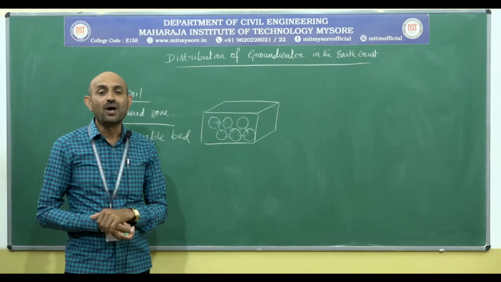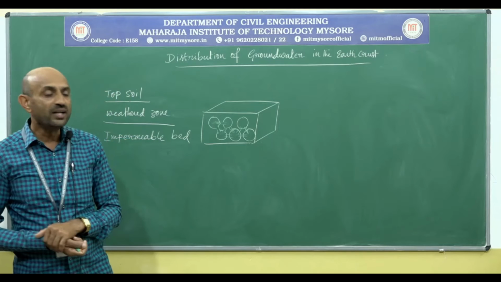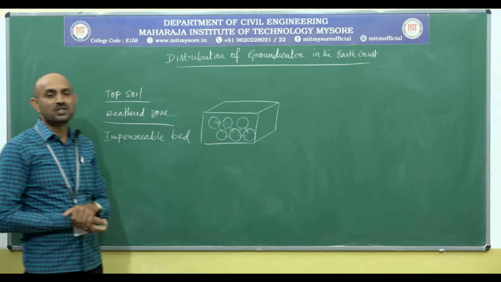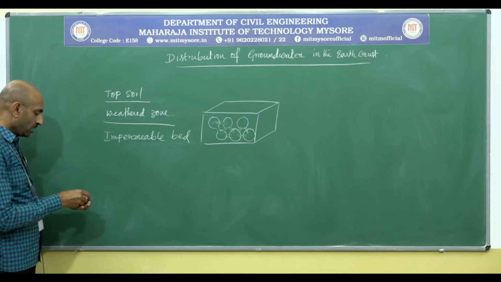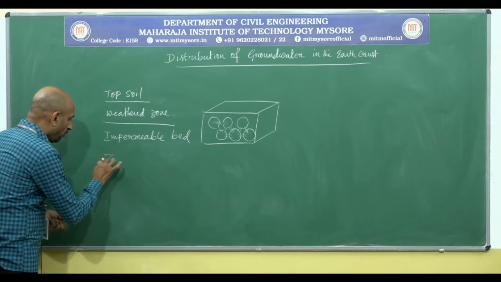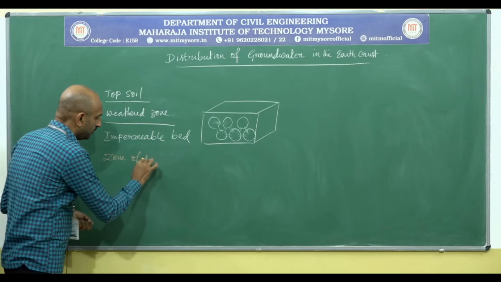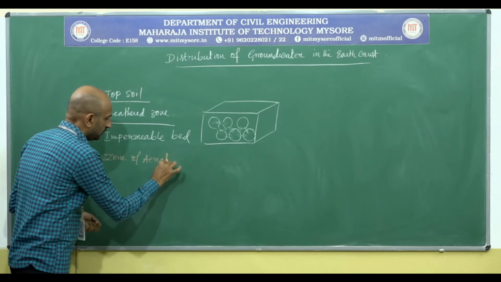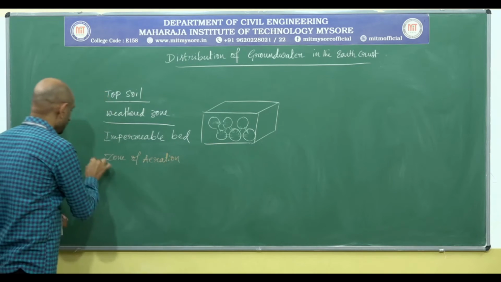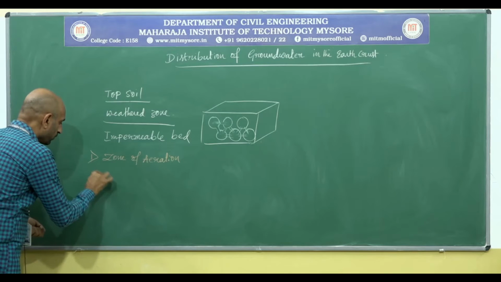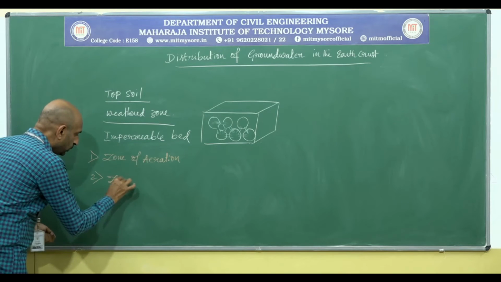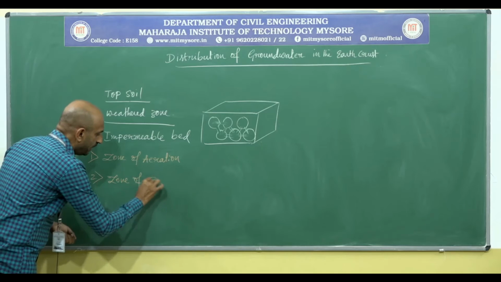Occurrence of groundwater is divided into two major zones. They are zone of aeration, number 1. Number 2, zone of saturation.